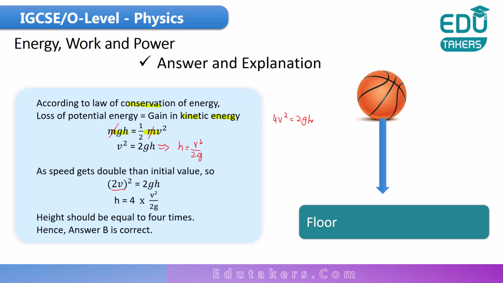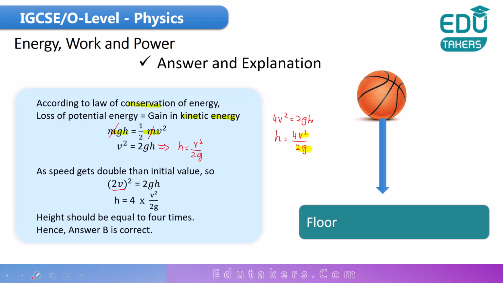This is the height of the object, but in this case when you make the substitution that v is equal to 2v, you get the height which comes to be 4v square over 2g. By this you can simply see that v square over 2g is basically the original height.